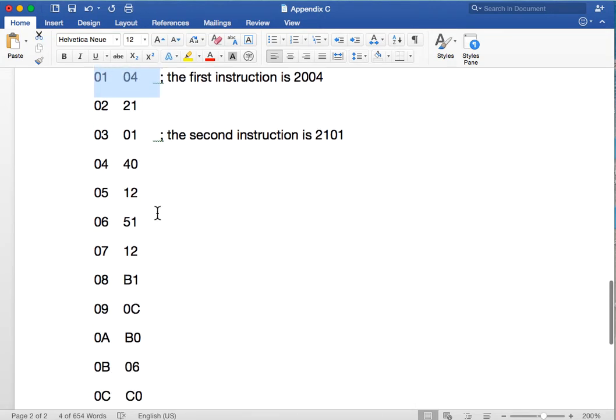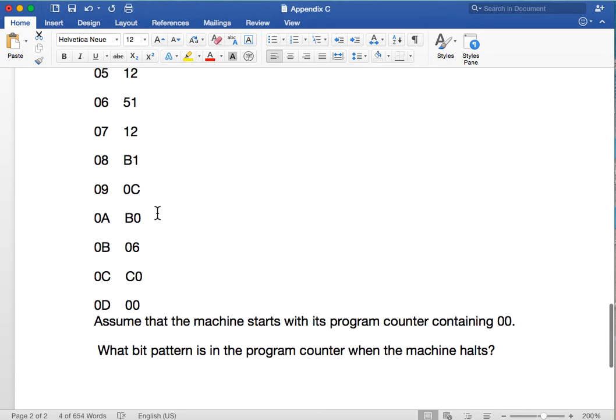Now, this program is a little bit easy. He didn't ask what this program means. He just asked what bit pattern is in the program counter when the machine halts. That means when this program finishes, right? The last instruction for this program is C000. It's here. This is the last instruction.